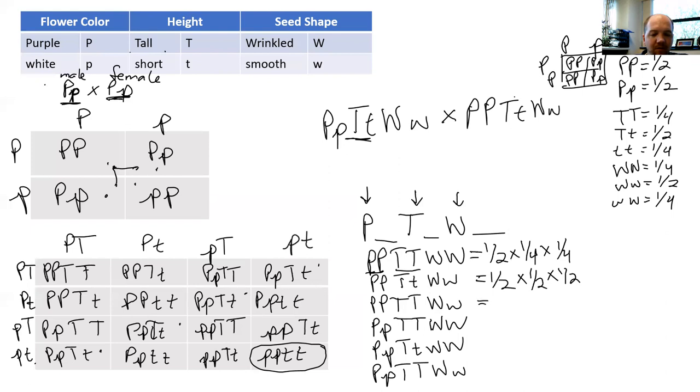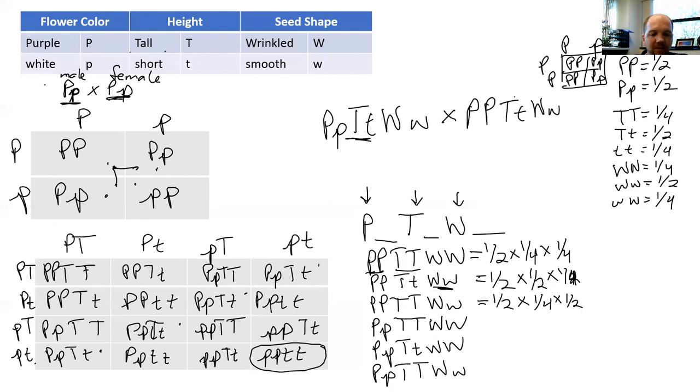All right, next one, we've got 1/2 times 1/4. Oops, sorry, I forgot this is actually big W, small w, so that should be 1/4 there as well. And then we have big P is 1/2. Big T is 1/4. And then big W, small w is going to be 1/2.